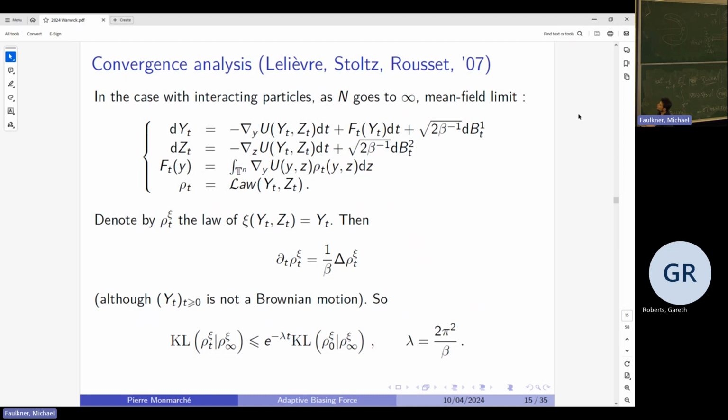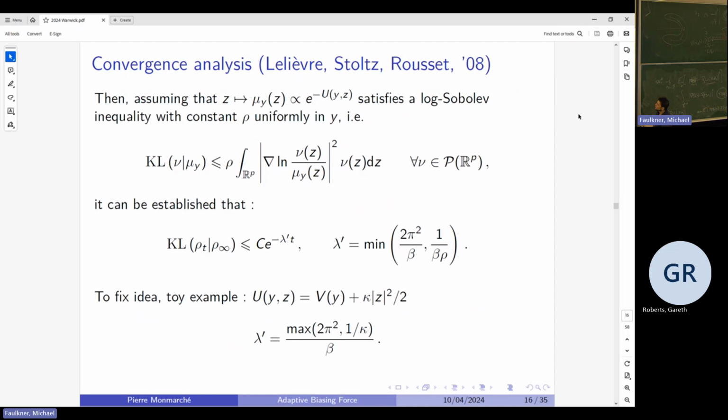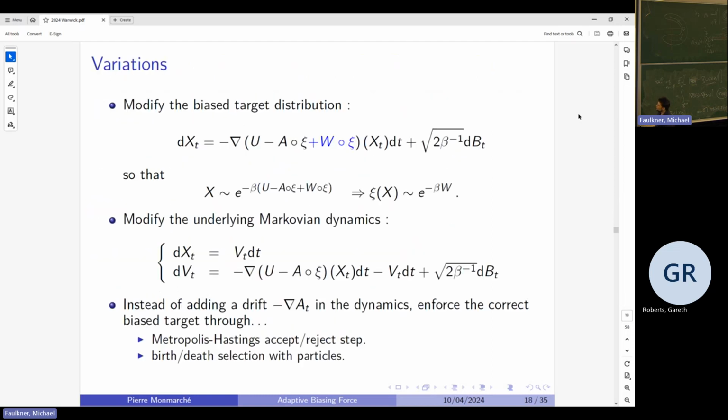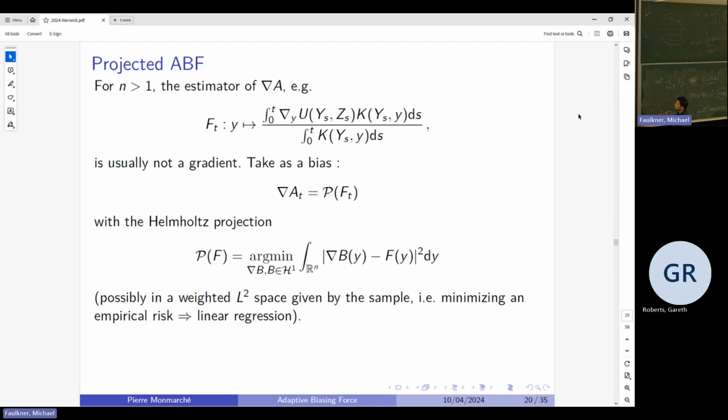If the drift is going to converge to something, you are going indeed to sample this biased distribution. But now you have to reweight by the ratio between what you are sampling and what you want to sample.